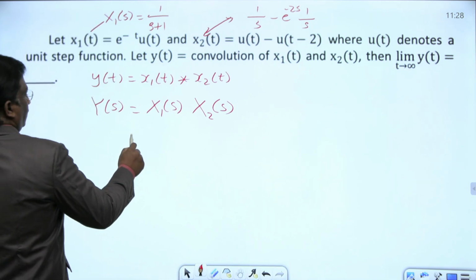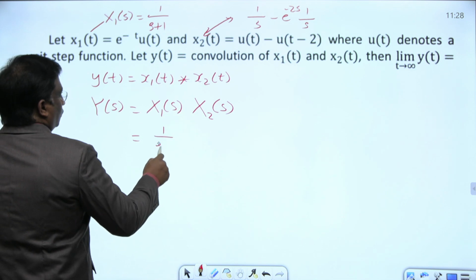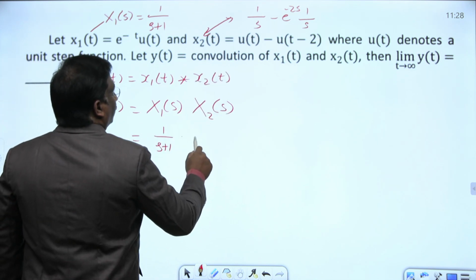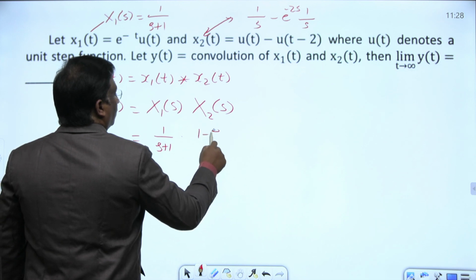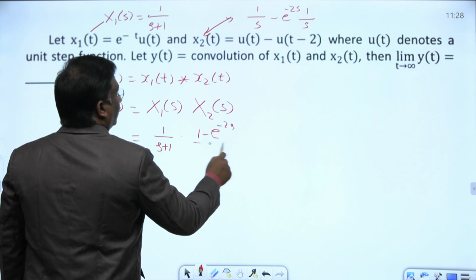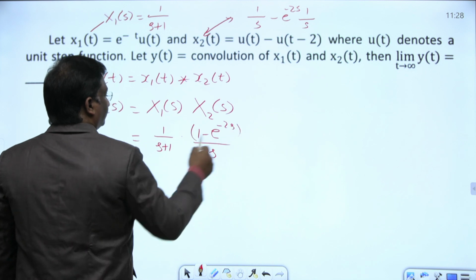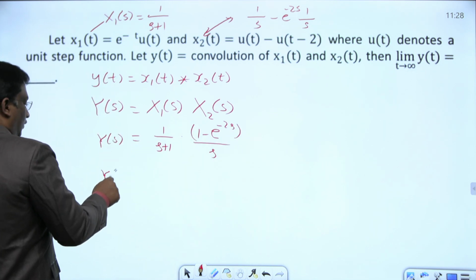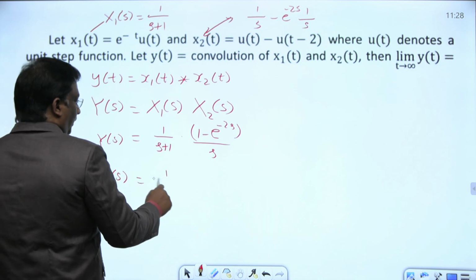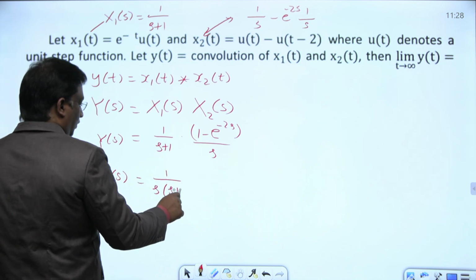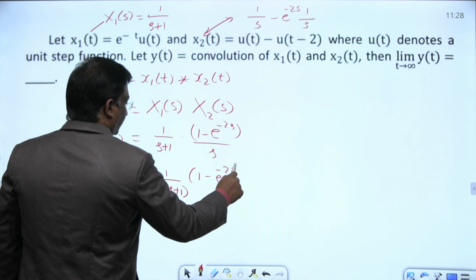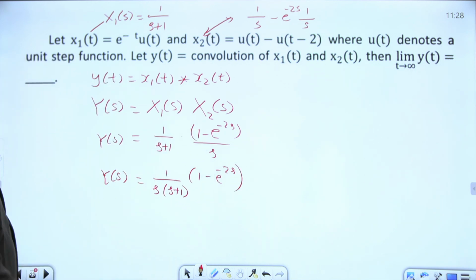Therefore, this is 1 by s plus 1 into 1 e power minus 2s divided by s. This is y of s. Finally, y of s is 1 by s into (s plus 1) into (1 minus e power minus 2s). Finished.